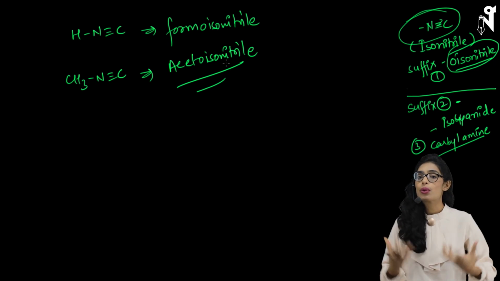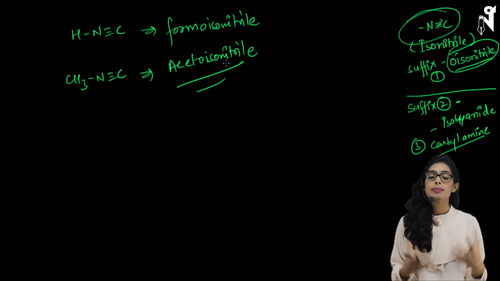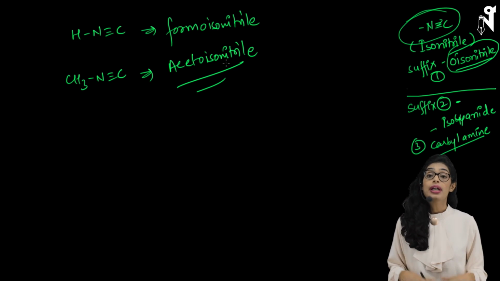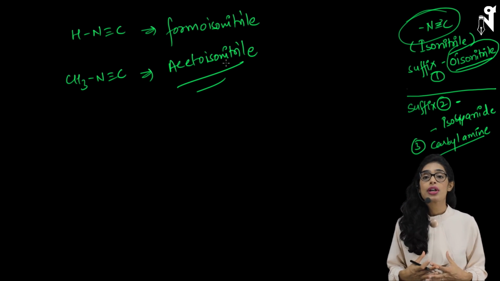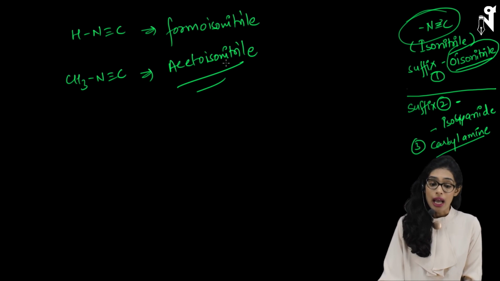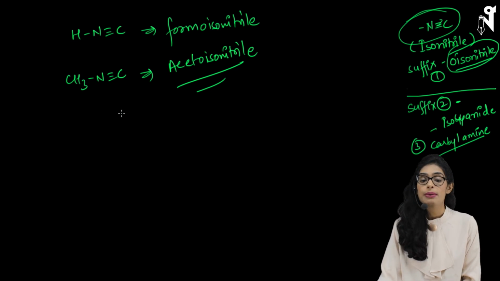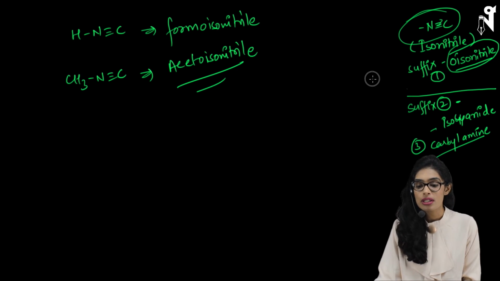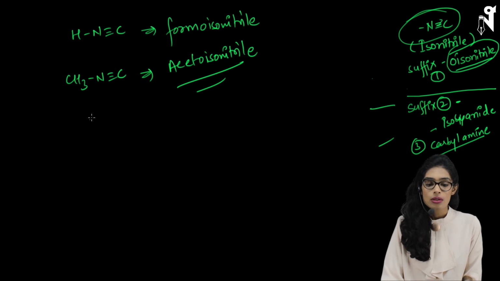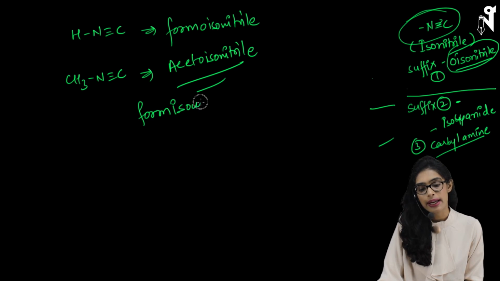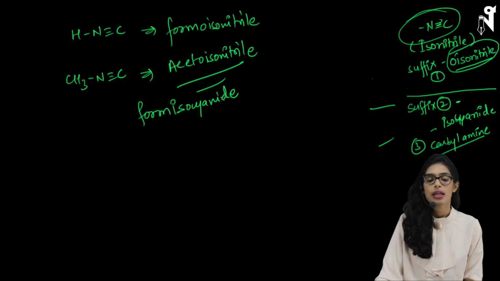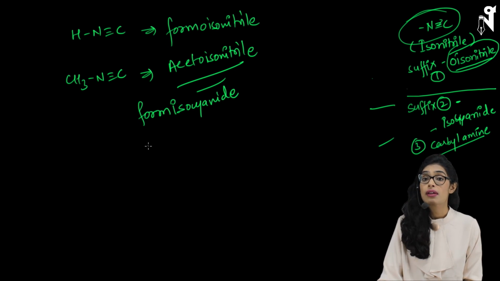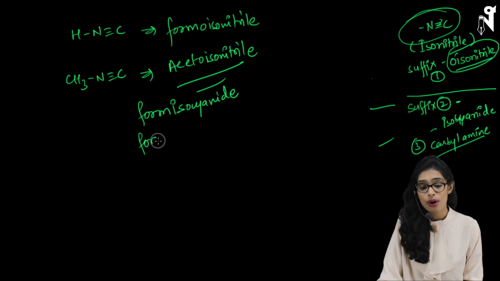Usual process, n is equal to 2, has a common term, that is acet, and isonitrile is the term which we are using for NC. Now it can have other names also. Let me show you what other names it can have using suffix 2 and suffix 3. If I'm using suffix 2, the name will be formisocyanide.